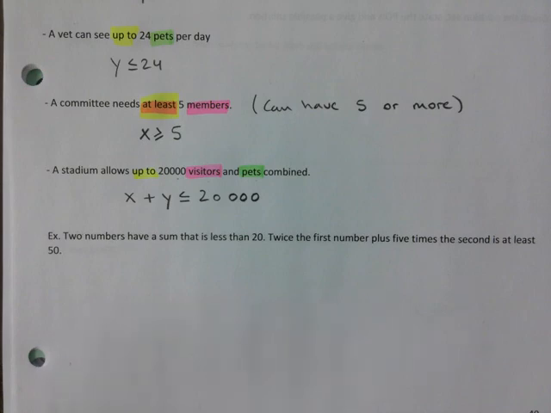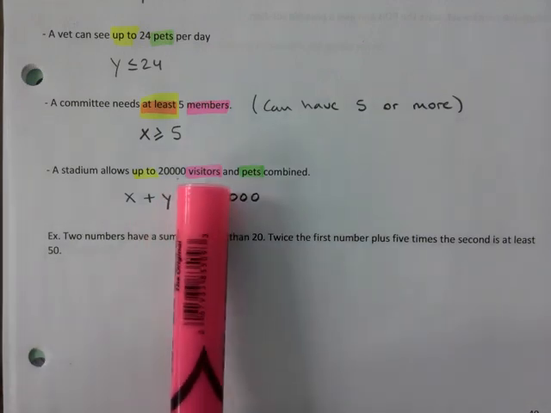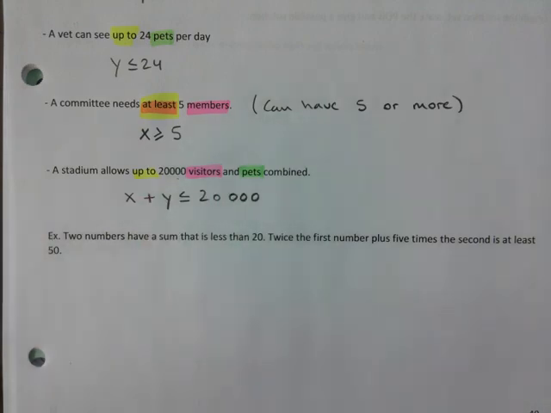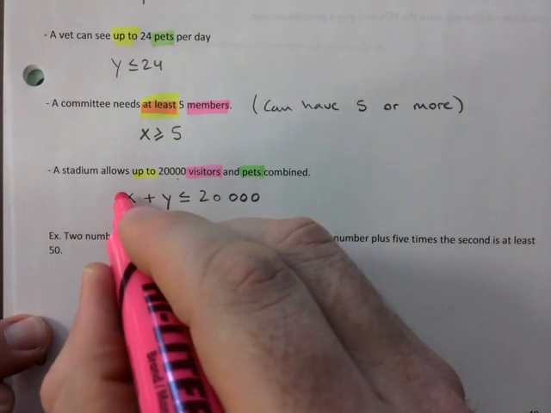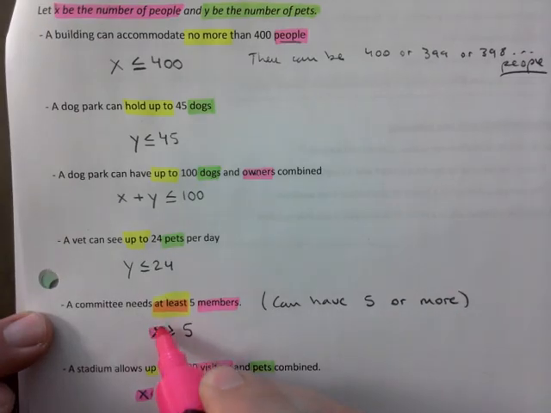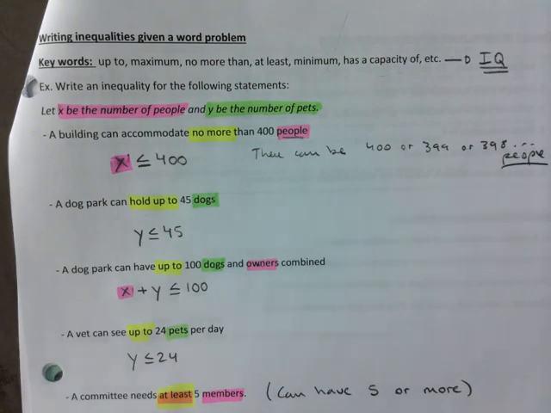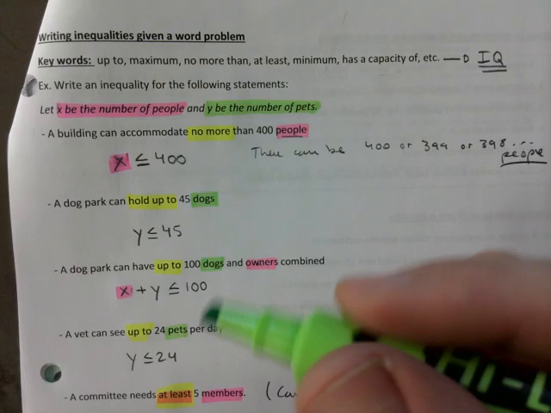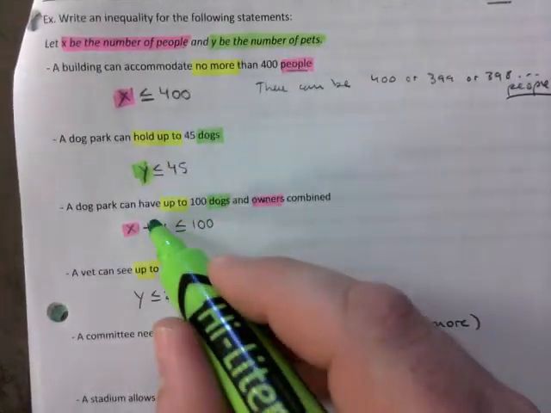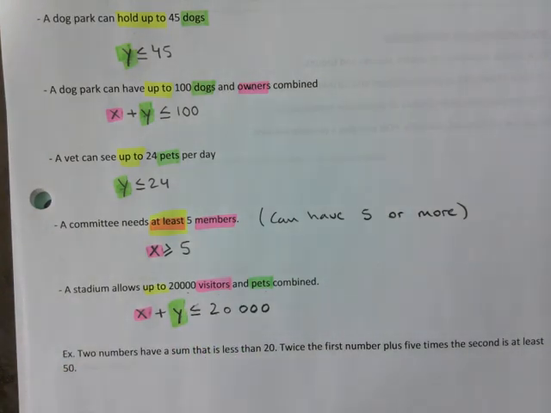Two numbers. Let's do an example here. Whatever you used for people, I'm going to highlight all the x's with the same color, and then I'll grab the one I used for pets, so all the y's I will highlight with that color.